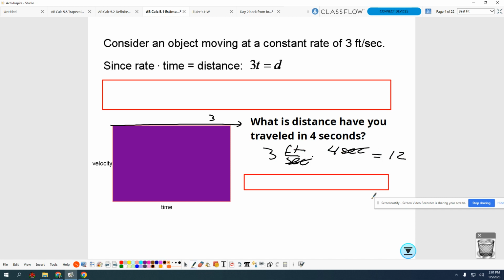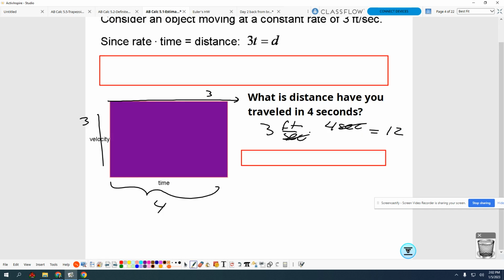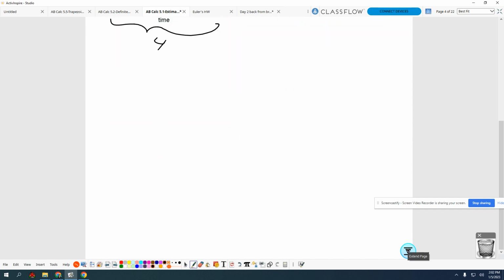Well, this thing was a height of 3, and that much for 4. So it's the area of a rectangle, just a big old square. Now we're going to get fancy and tricky, and say it doesn't really go at a constant speed.